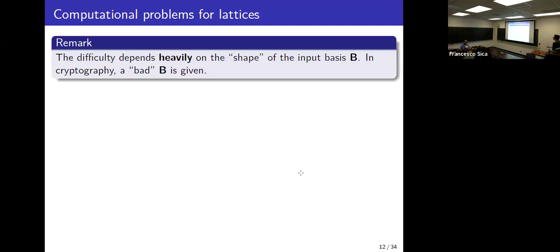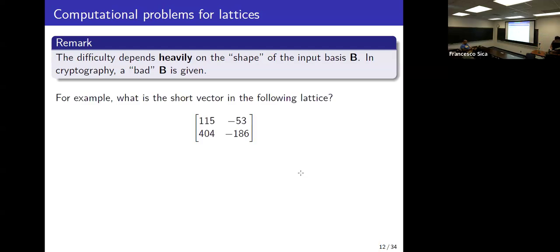But what happens in practice is that people care more about changing the shape of the input basis B such that a bad B is given. Visually, I'm going to give this example. What is the shortest vector in this following basis? Again, this is column 1. This is not so obvious, because the two vectors seem to have a big L2 norm.